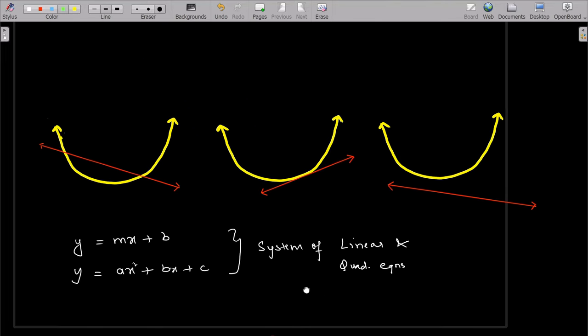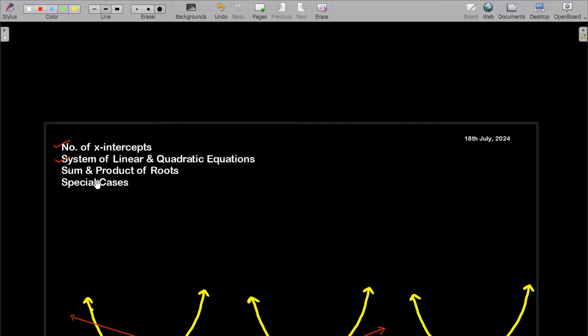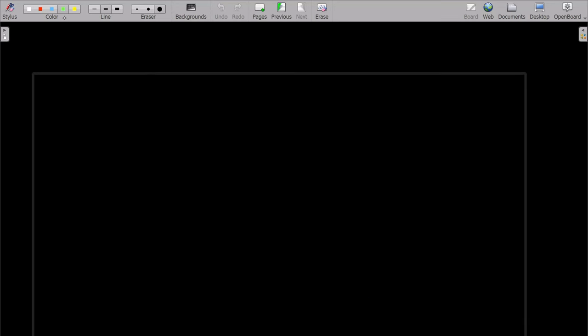Okay, so that was system of linear and quadratic equations. Then the next concept is sum and product of roots. This is becoming increasingly popular on SAT math. Anishka, let's say you have this quadratic equation, x squared minus 5x plus 6 is equal to 0, and it's a straightforward question: find the sum and product of the roots.